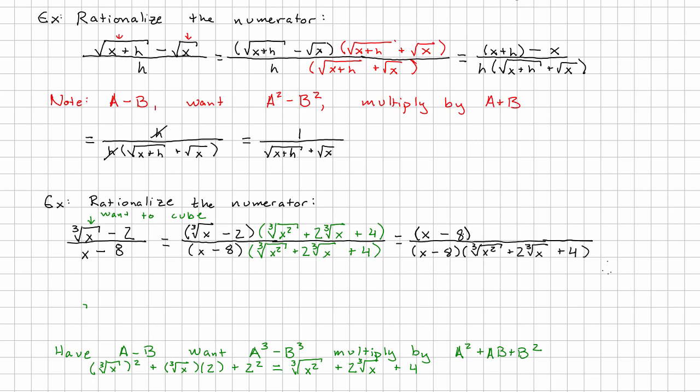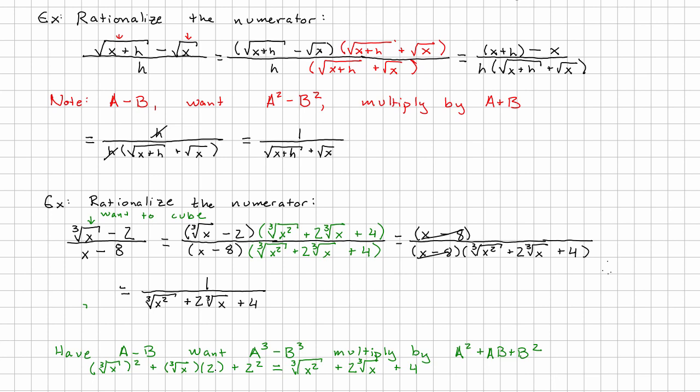Oh, but now we see that common factor between numerator and denominator. So we're just left with cube root x squared plus 2 cube root x plus 4 in our denominator, and just left with 1 in our numerator.